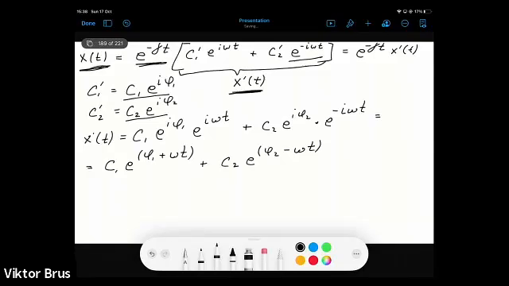Sorry, I forgot i here. These are complex functions. Okay, now we have everything given in complex format. So we have real constants C1 and C2 and two complex functions.